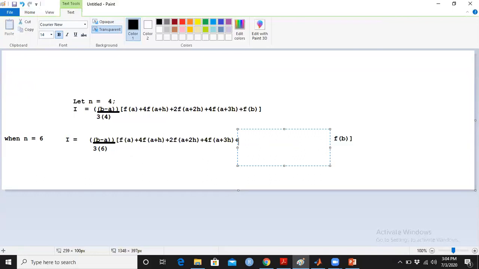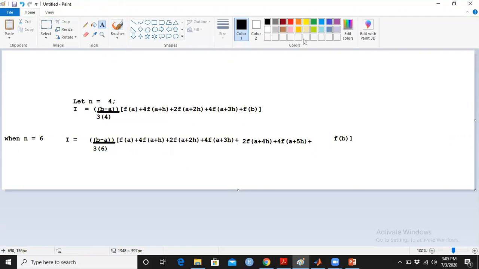Now I will have 2 times f of a plus 4h, plus 4 times f of a plus 5h. Remember, students, that f of a plus 6h is actually f of b.